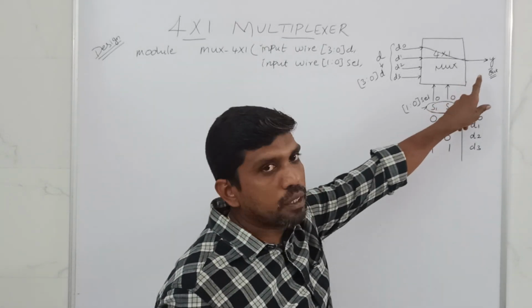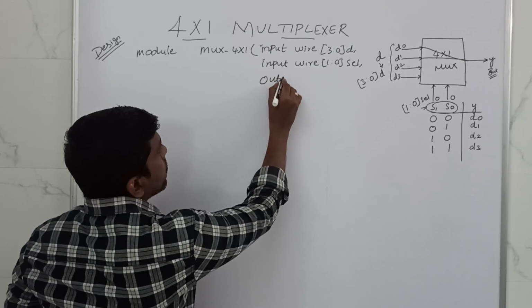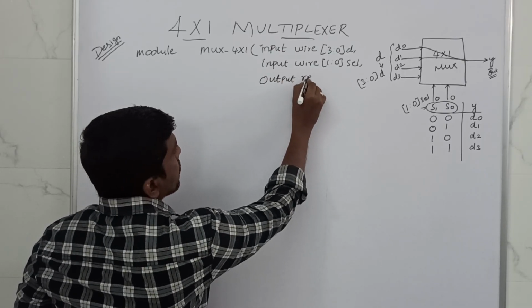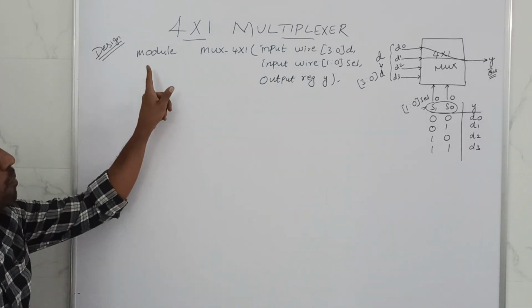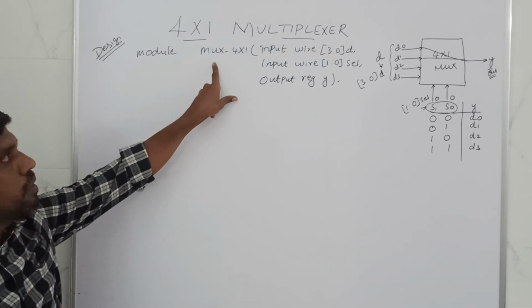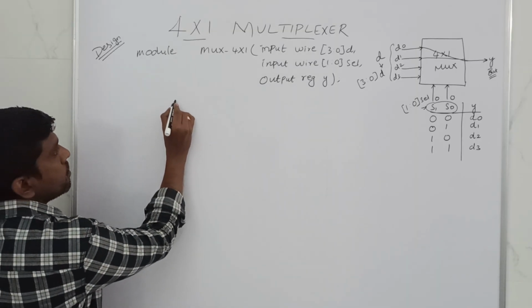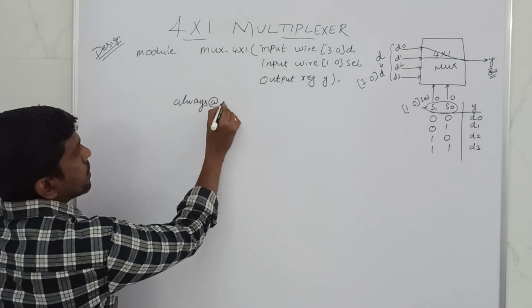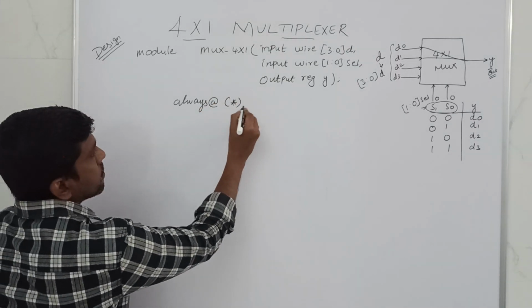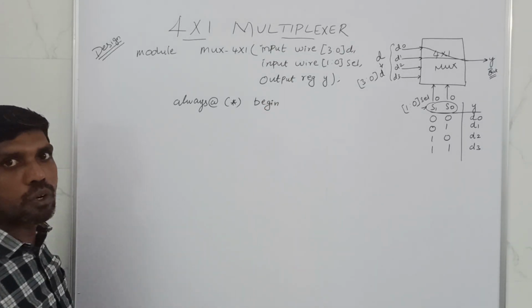Then finally you declare the output, output reg Y. So first you write module followed by module name, then the declaration of input and output, then always @(*) begin.